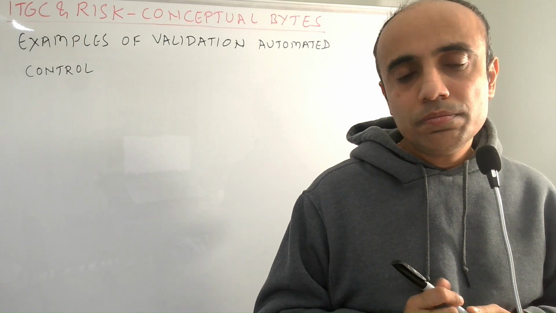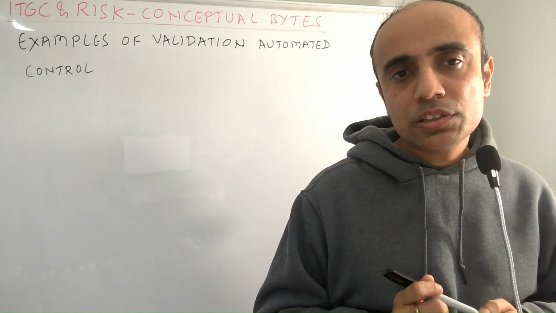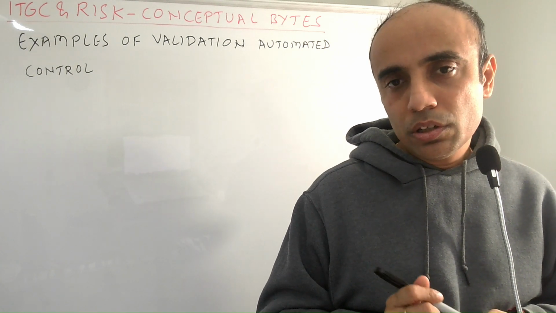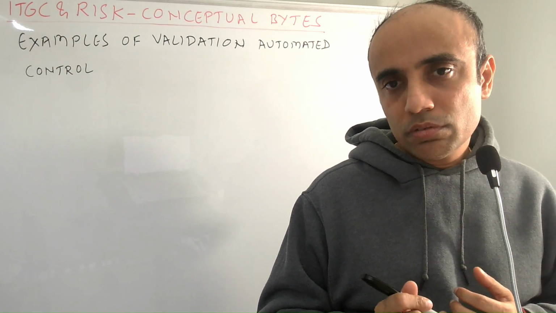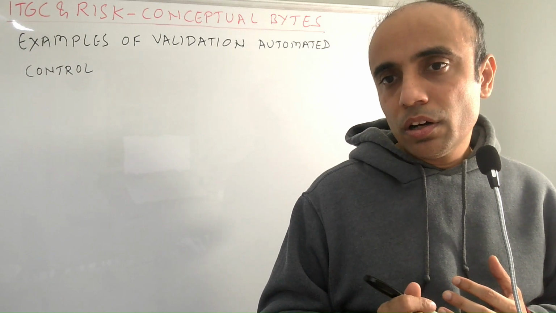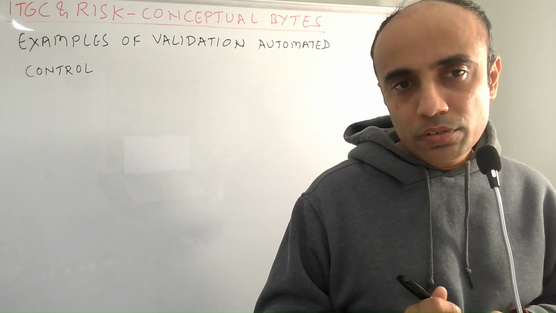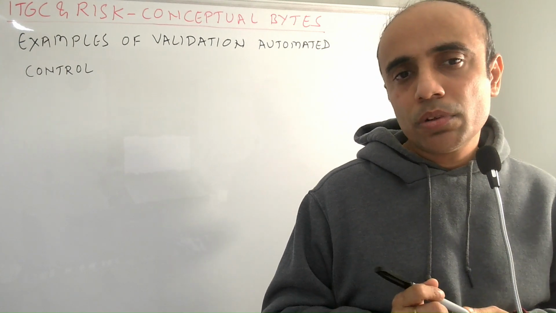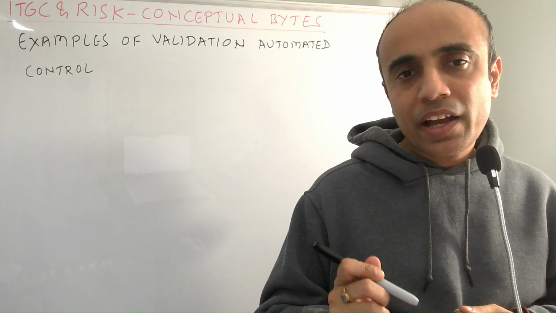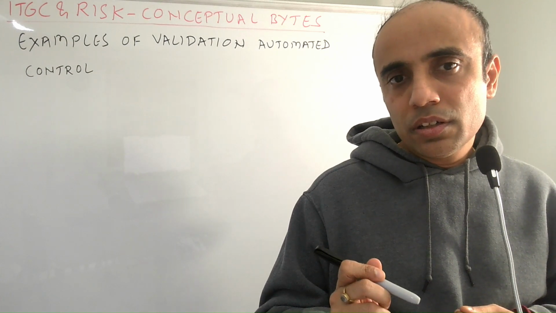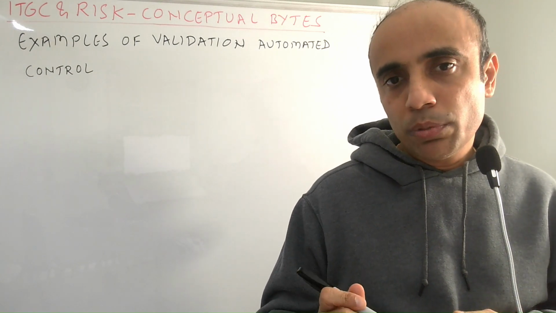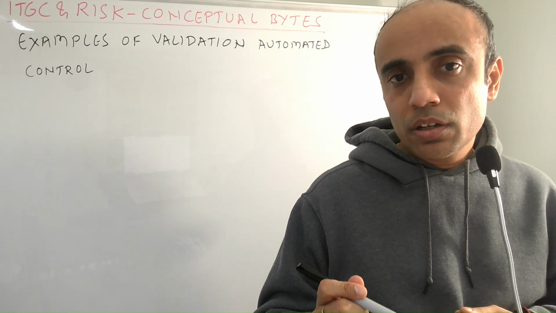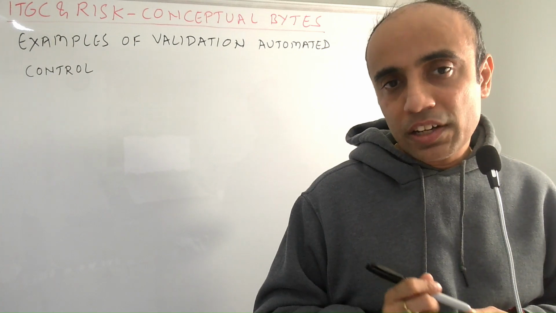Next example, a banking application validating sufficient funds are available during transactions. That is, funds available are above the transaction cost to prevent accounting errors. So a simple example where a banking application makes sure that sufficient funds are available before a transaction is processed. That's an example of a validation control.